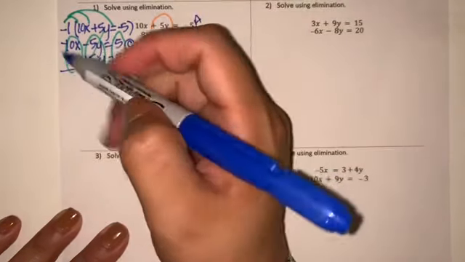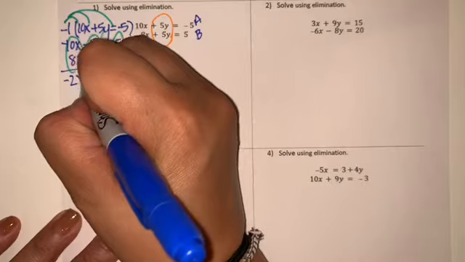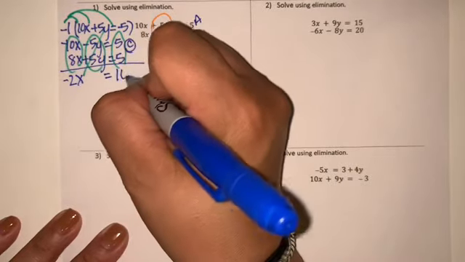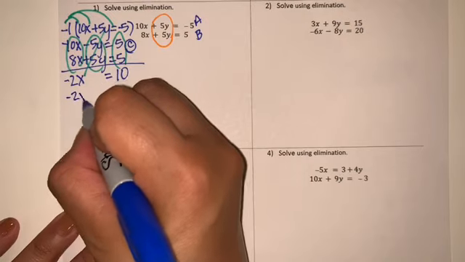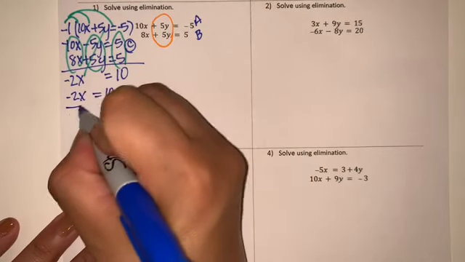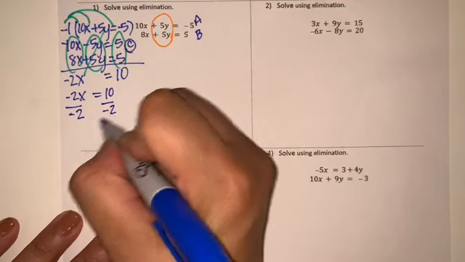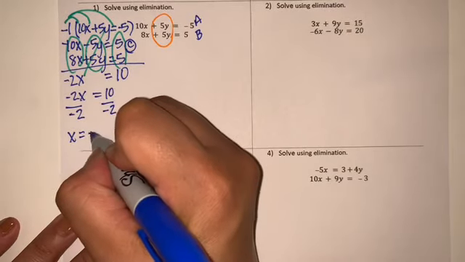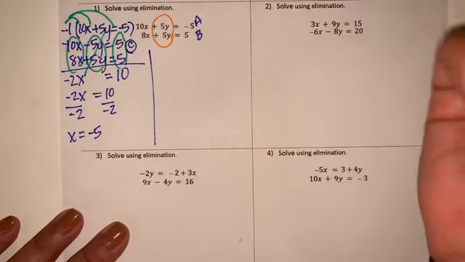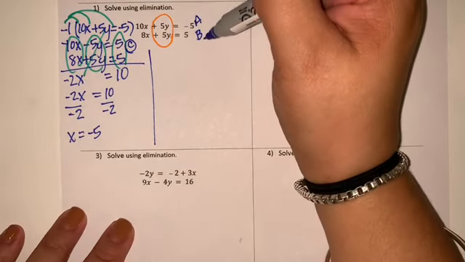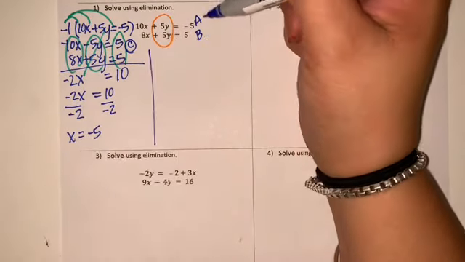So negative 10x plus 8 is going to be negative 2x equals 10. I'm going to solve for x. Negative 2x equals 10. Divide both sides by negative 2. X equals negative 5. Now we're going to substitute back into equation A or equation B to solve for y.